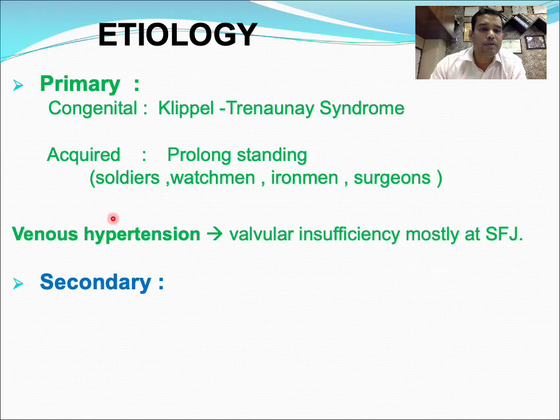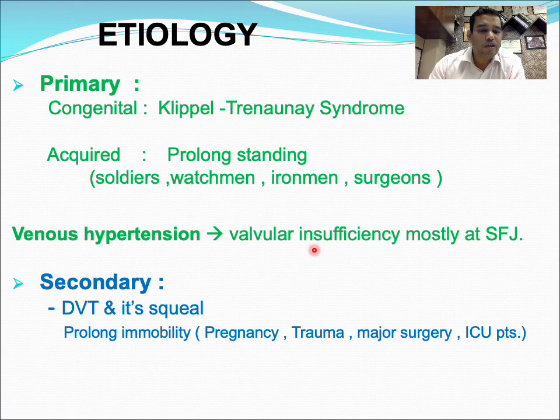So people with a history of prolonged standing will have venous hypertension. That is because the SFJ, the saphenofemoral junction, is under constant pressure, constant reflux, and that valve becomes incompetent.